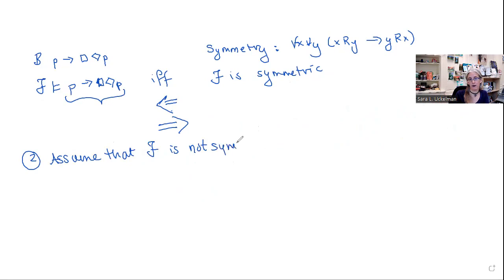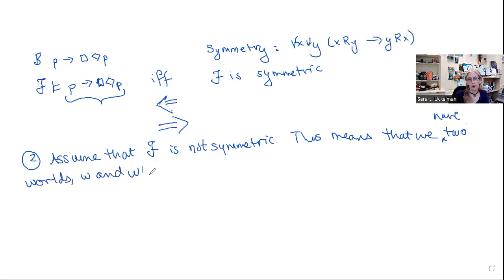So symmetry fails. This means that we have many possibilities of how the frame could look, but we know that we have two worlds, W and W prime, where W sees W prime, but not vice versa. This is just the definition of what it means for a frame to fail to be symmetric.